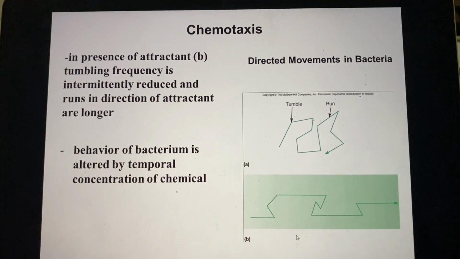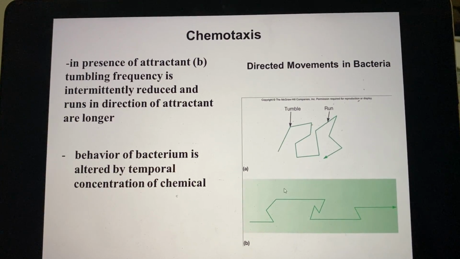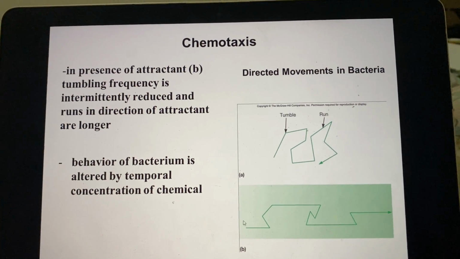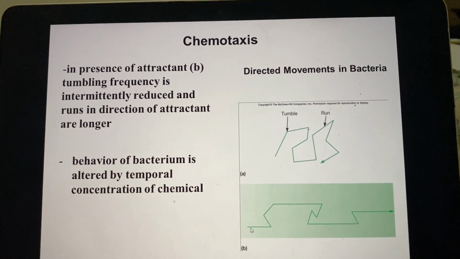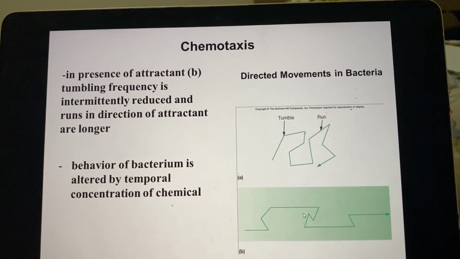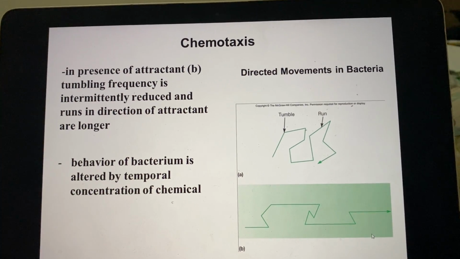What if there is a chemical signal present in their environment? You can see the gradient showing that this is a higher concentration around here. Their movement will still be in the same way as a run and tumble, but the runs will be longer and the tumbles will be infrequent, so that they keep running in the same direction towards a higher concentration.